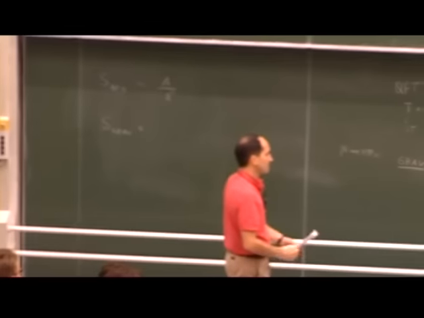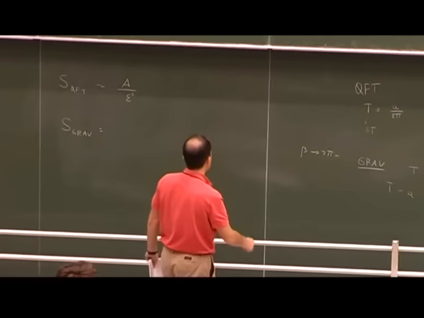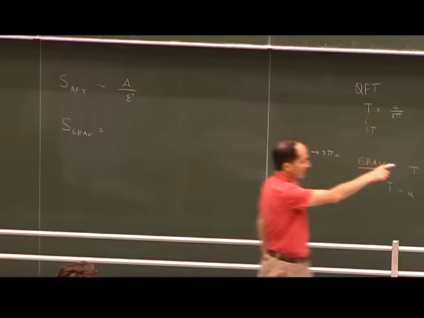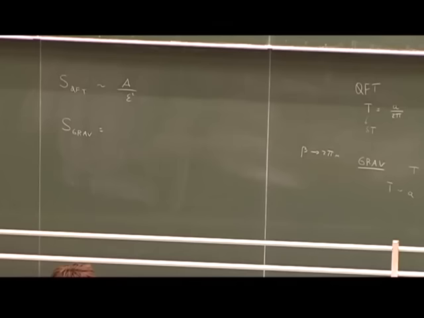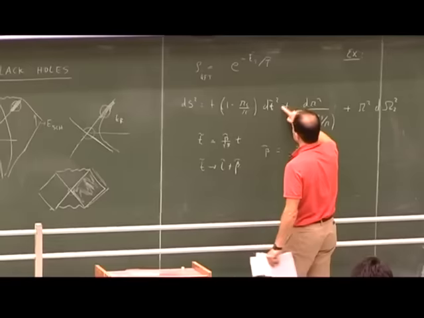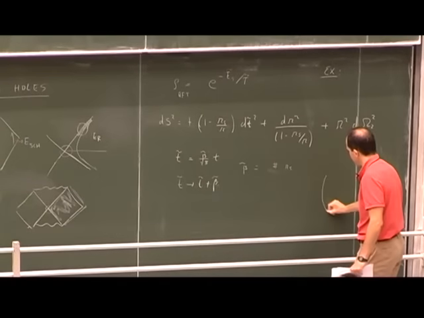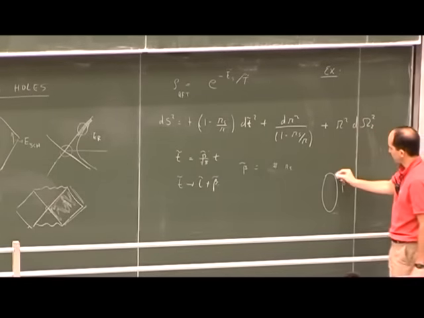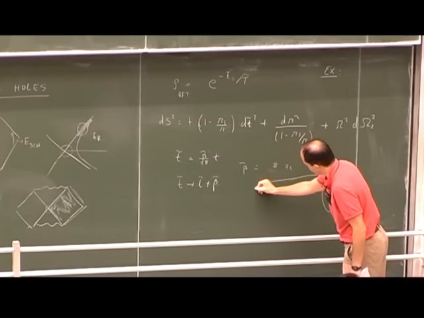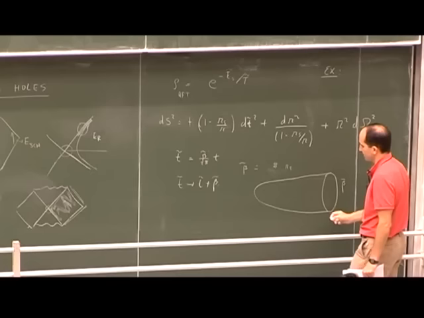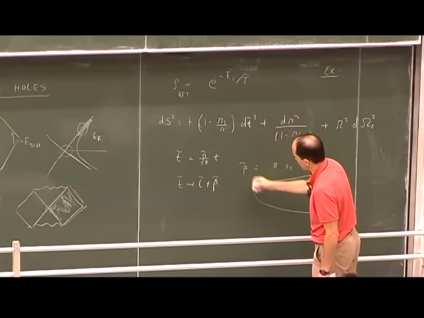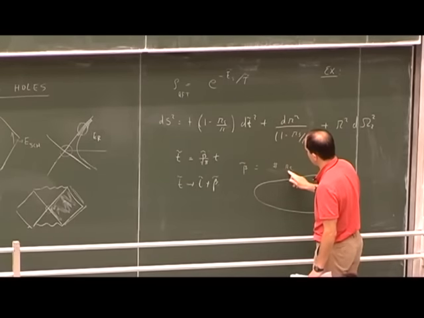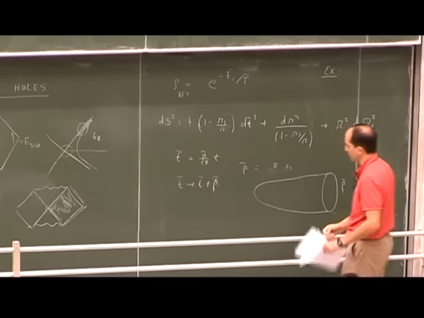the traditional way of presenting the Gibbons-Hawking calculation is to say that we take Euclidean time and this black hole metric, and we find that this is a circle at infinity. We have a circle size, which is given by this beta tilde. And this circle shrinks smoothly at the horizon. So we adjust beta tilde in such a way that the circle shrinks smoothly.